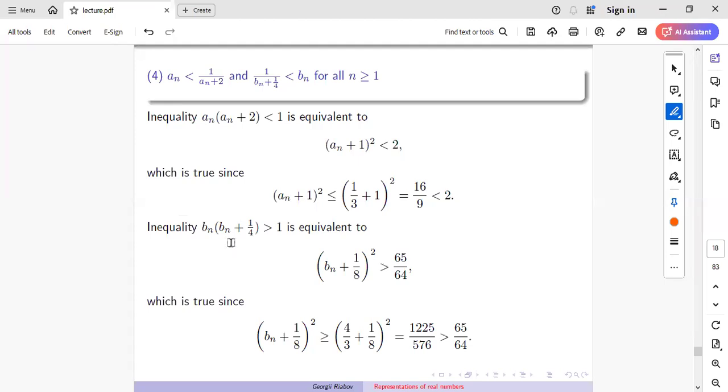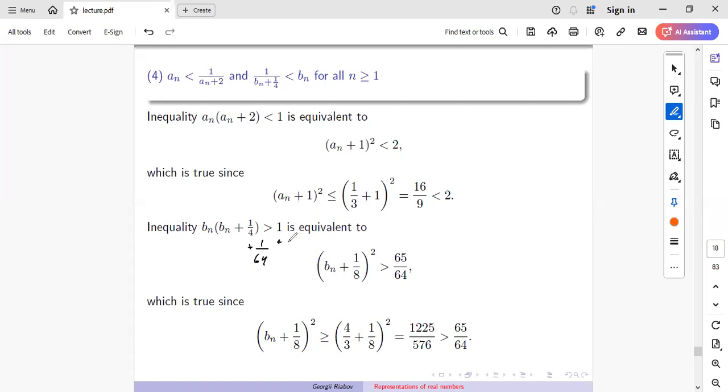Inequality Bn times (Bn plus 1/4) is bigger than 1 is again equivalent to (Bn plus 1/8) squared is bigger than 65/64, because (Bn plus 1/8) squared is Bn squared plus Bn over 4 plus 1/8 squared, which is 1/64.